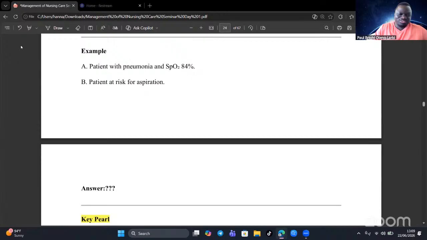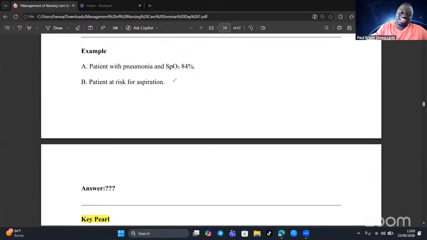Then sometimes if they want to confuse you, they will add chronological age. A patient 8 years old is a child. A patient with pneumonia, a patient 56 years old. Which one will you prioritize? They add certain things to confuse you.